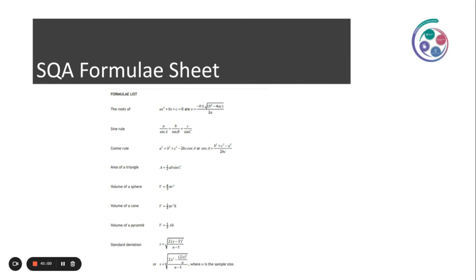Just take the time to go back and make sure that you have copied it down correctly. The same with using the quadratic formula at the top there. Make sure that you've got all your negatives or your plus or your minuses in the correct places. So use the formula sheet to help you. One big mistake that people make all the time is the volume of the sphere one.